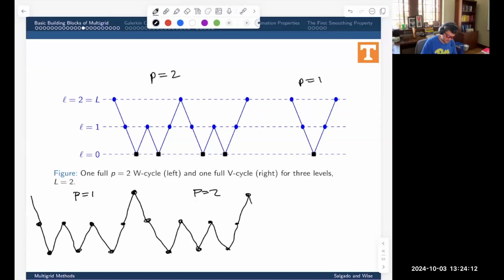So the last one's going to be, and this is only whenever our level number, our capital L, is equal to 2. It gets much more complicated as L gets larger, as you might imagine.